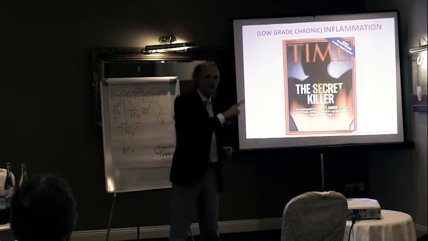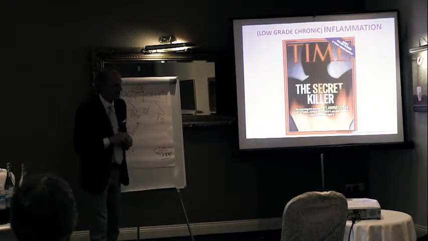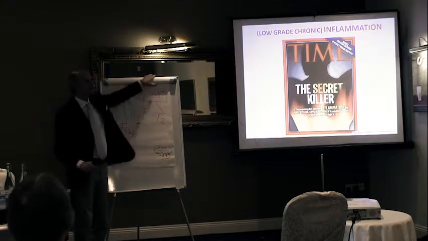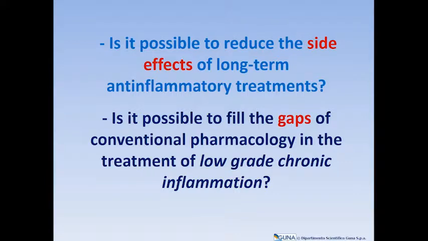Instead, we use chronically this type of drugs with such severe side effects. It's much better to act on the immune system, recovering, once again, the homeostasis. Is it possible? So, the topic: is it possible to reduce the side effects of long-term anti-inflammatory treatments? Is it possible to fill the gaps of conventional pharmacology in the treatment of low-grade chronic inflammation?